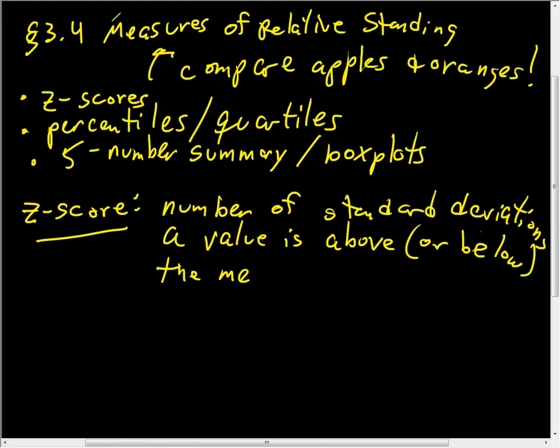So what this does is give us a way to measure relative position for any data value in any data set, based on the relative standing above or below the mean.